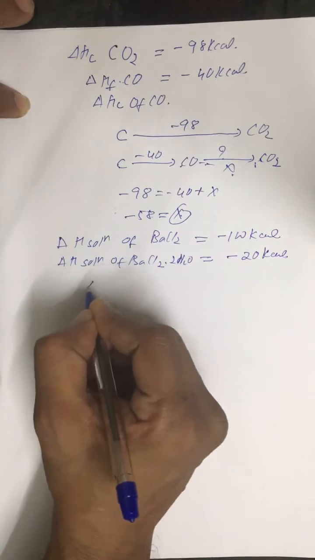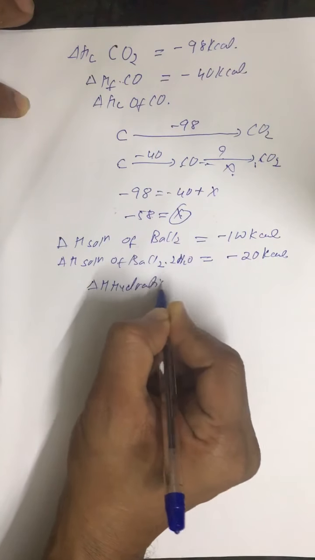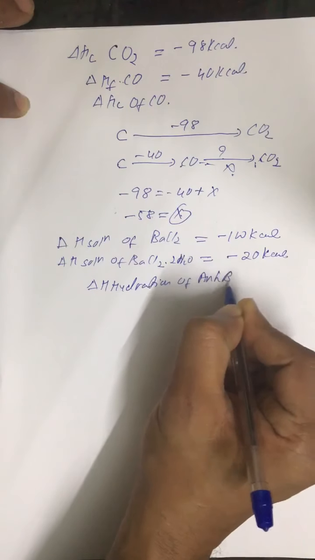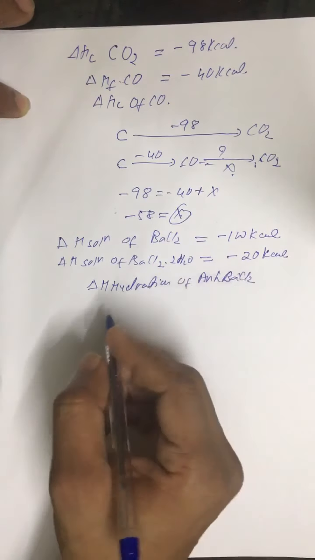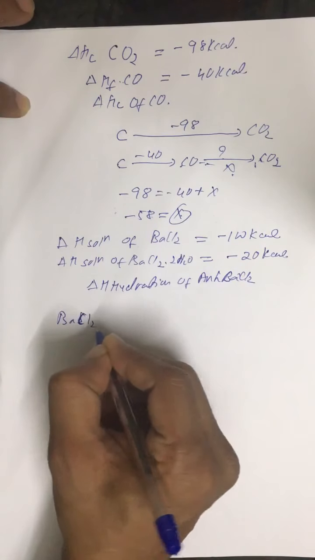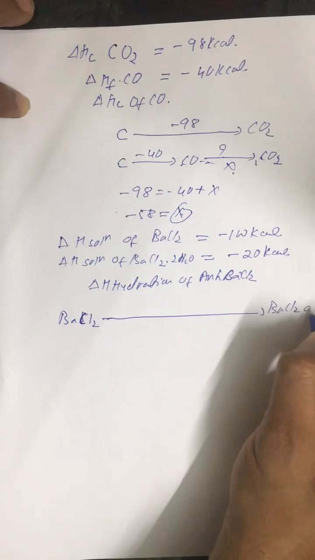You have to find out delta H hydration of anhydrous BaCl2. Okay, so BaCl2 anhydrous is directly converted to BaCl2 aqueous.